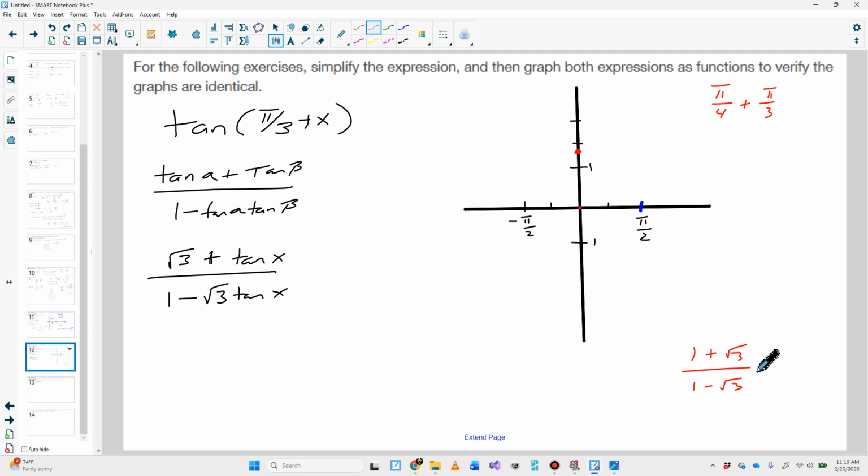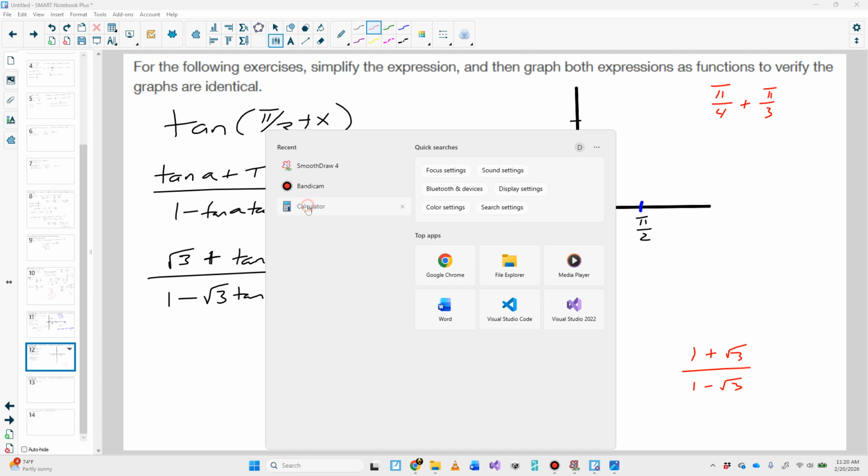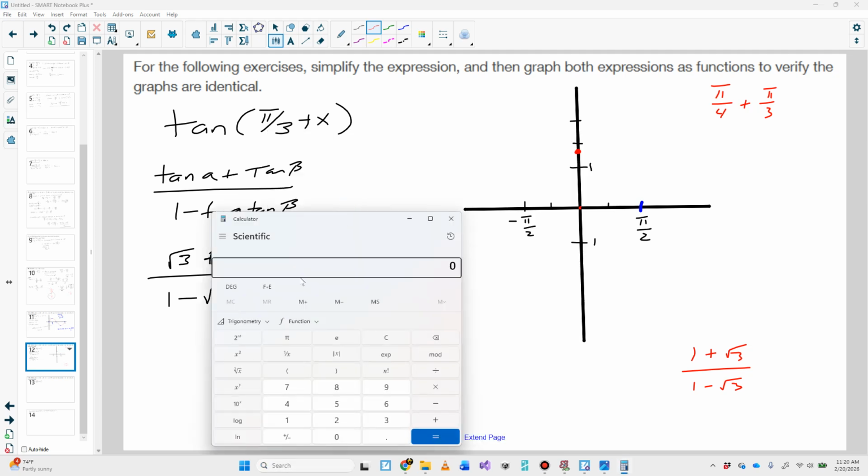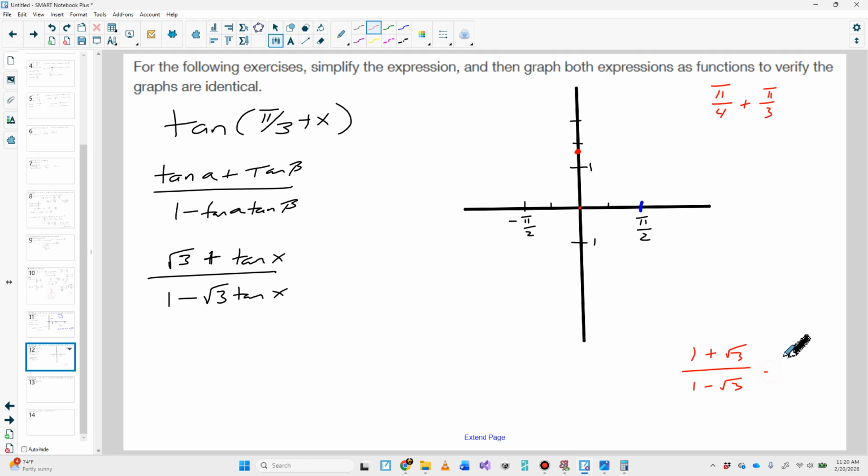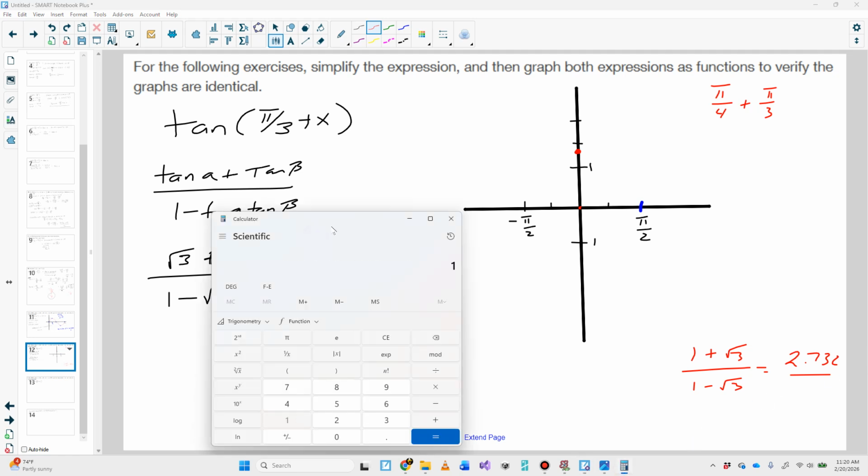Now, unfortunately, yeah, we are going to have to plug that into a calculator. So let's go ahead and do that. So 1 plus the square root of 3 is 2.732. We're going to write that down. We're going to divide that by 1 minus the square root of 3. So 1 minus the square root of 3 is going to be negative 0.732.